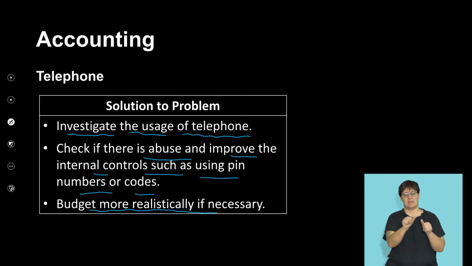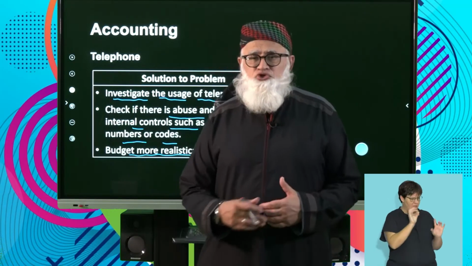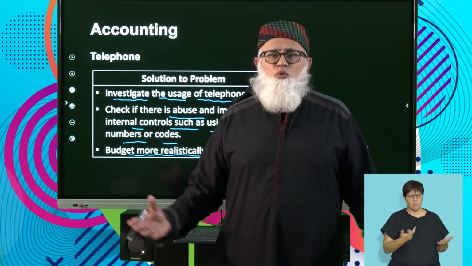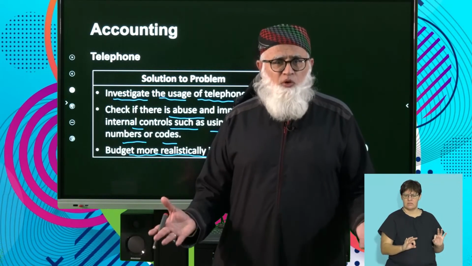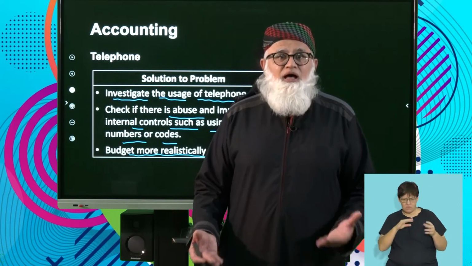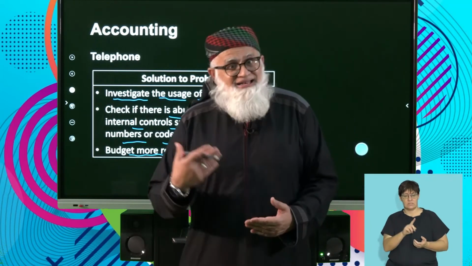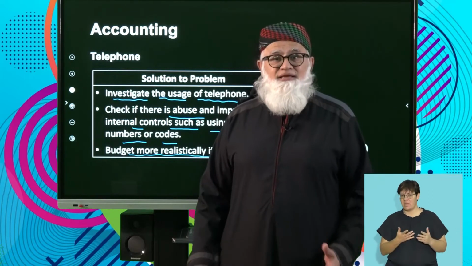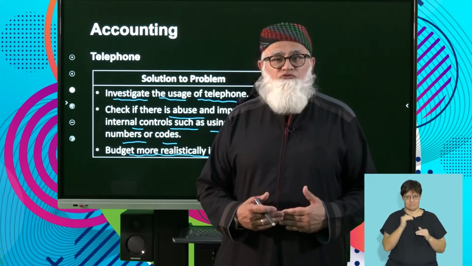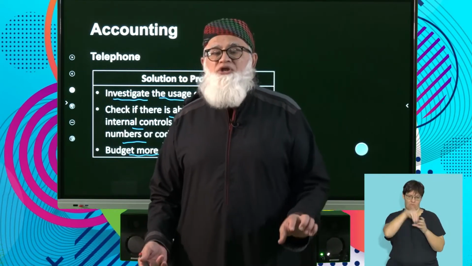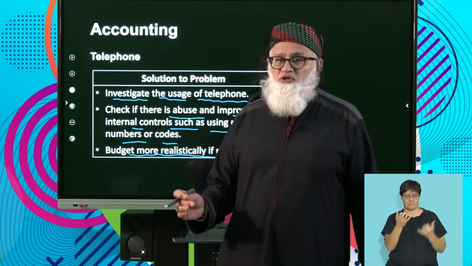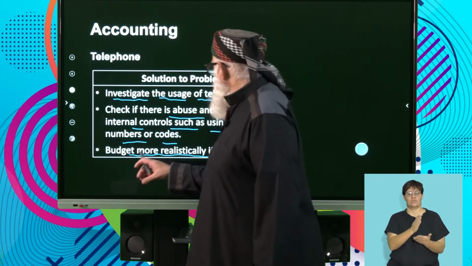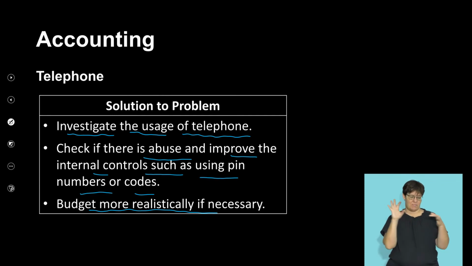If you find that after you've conducted your investigation that there was no abuse of the telephone, everything that was done was above board, transparent, meaning that you have under budgeted, because it could be that there was a substantial increase in the price of calls, right? So all of this must be taken into consideration when you are budgeting. So important, make sure that you budget more realistically if necessary.